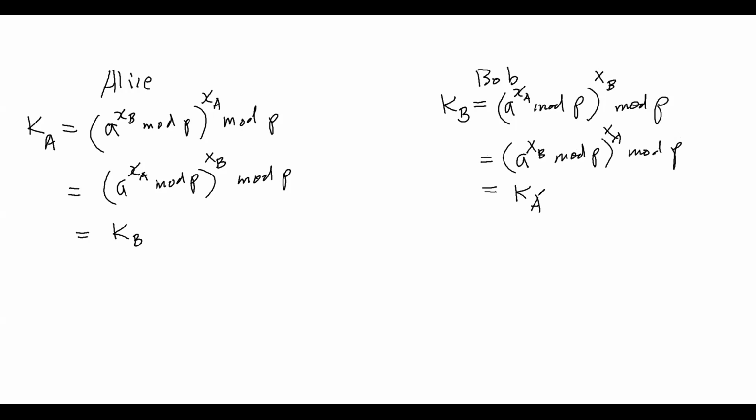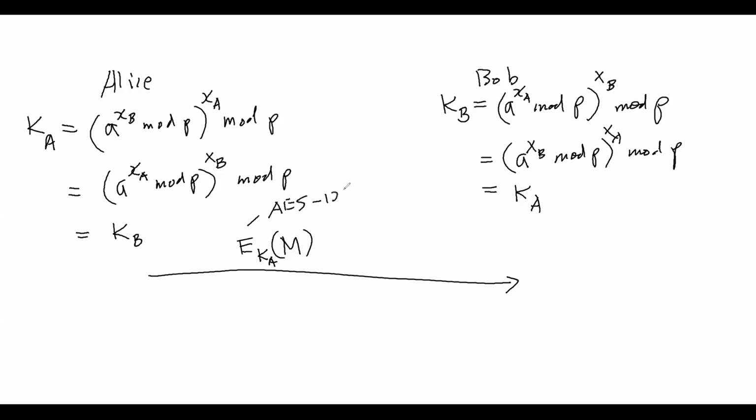So KA then, Alice, if she needs to send a message M to Bob, what she can do now is to encrypt M using the secret key. Let's say this is AES 128.